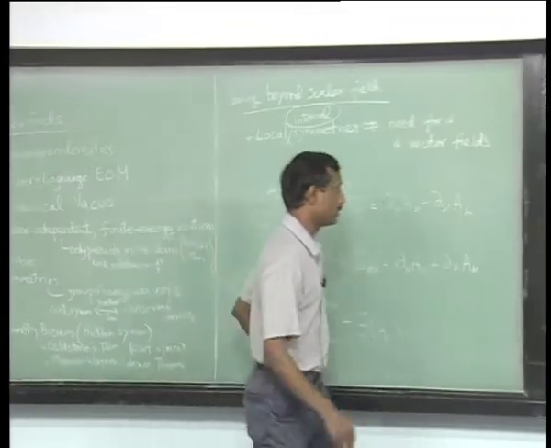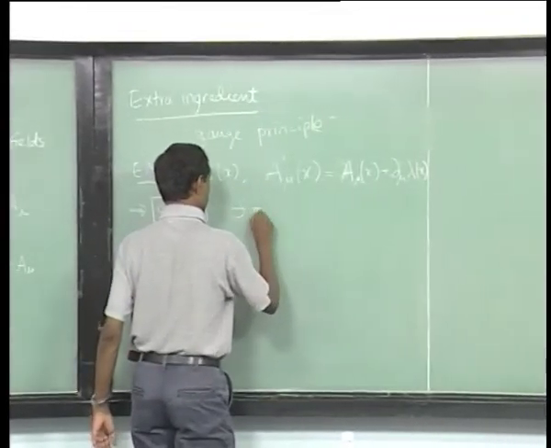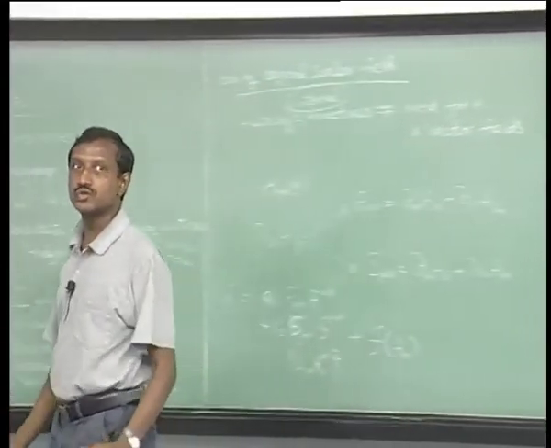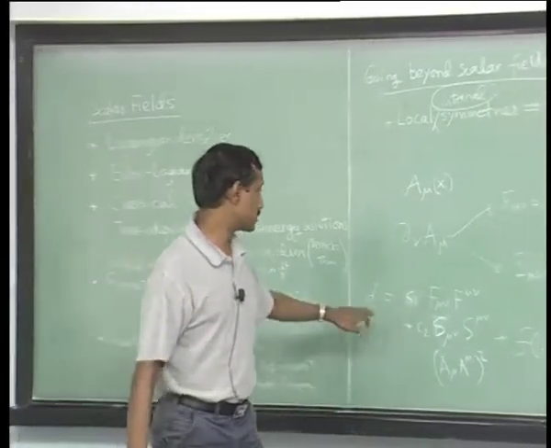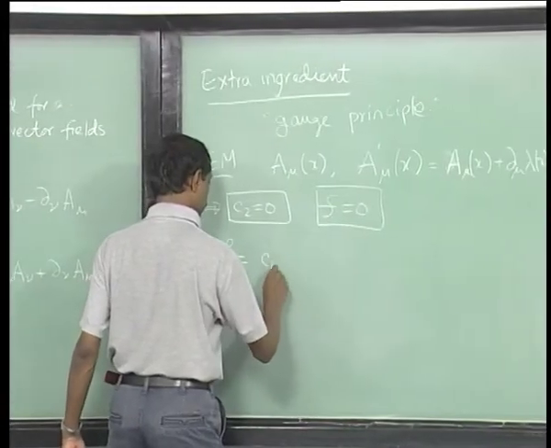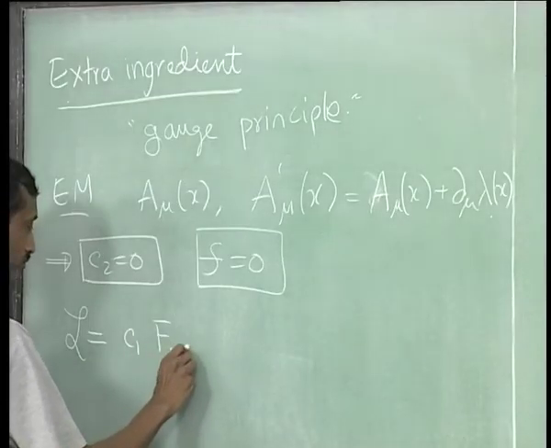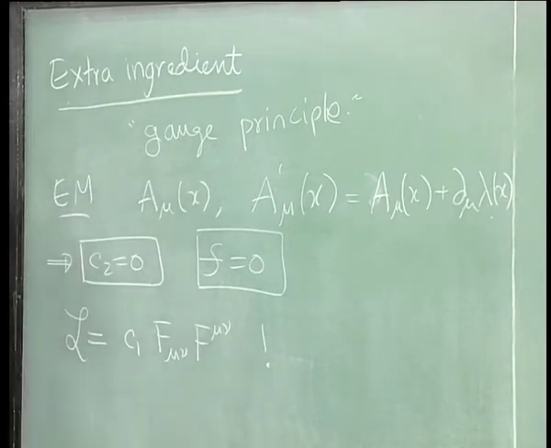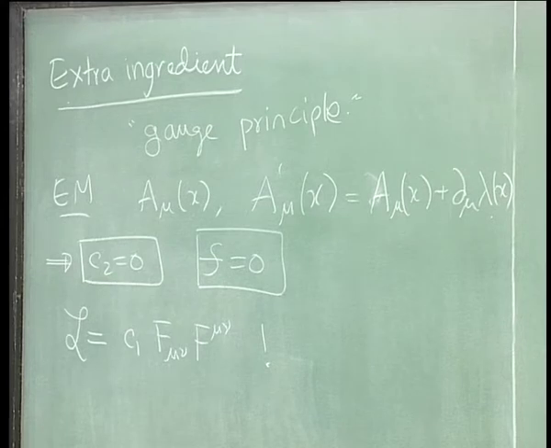Okay, and it also says that f should be 0. So if you restrict yourself to 2 derivatives, this is it. You do not have any more freedom. This is the only term you could have written with the derivative restriction.